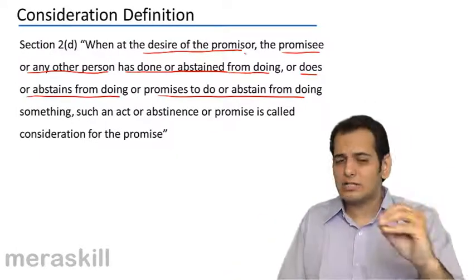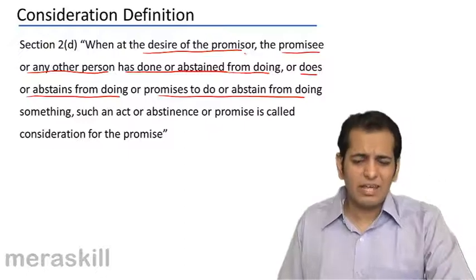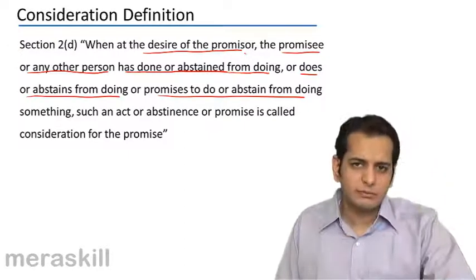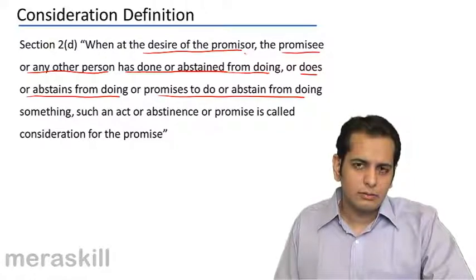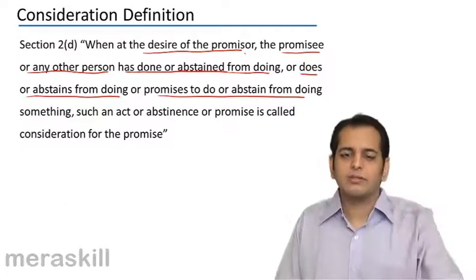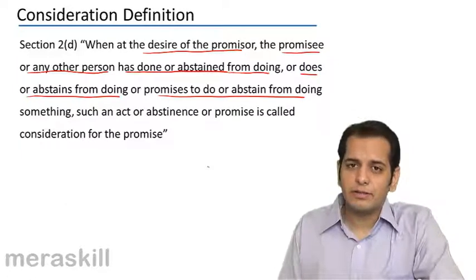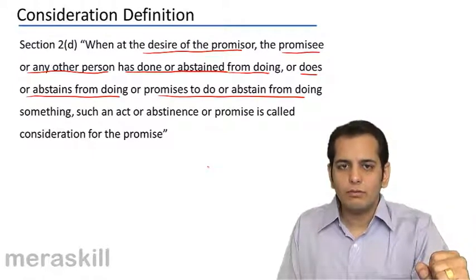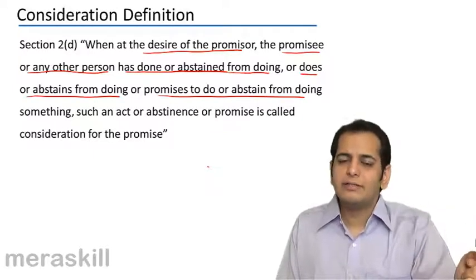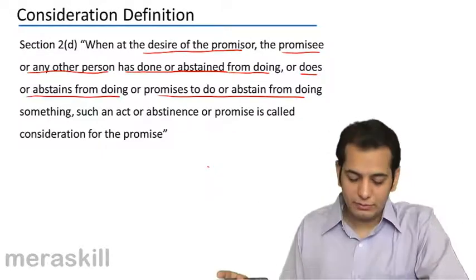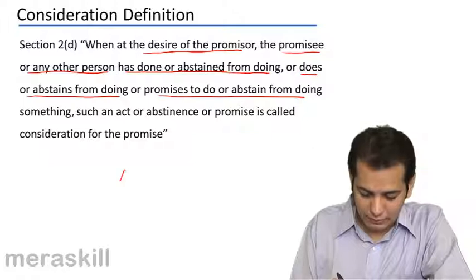Now please understand that in every contract there are two parties. One gives something, the other gets something. In every contract there are two parties, and both the parties do the contract. Now let's take an example.